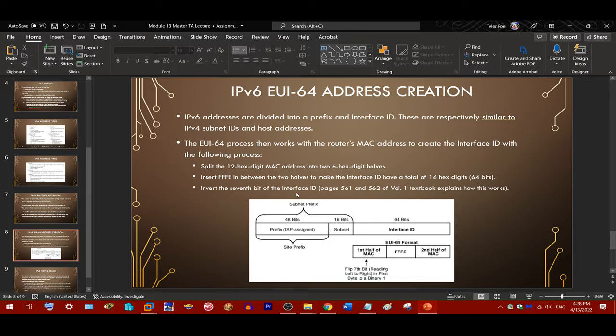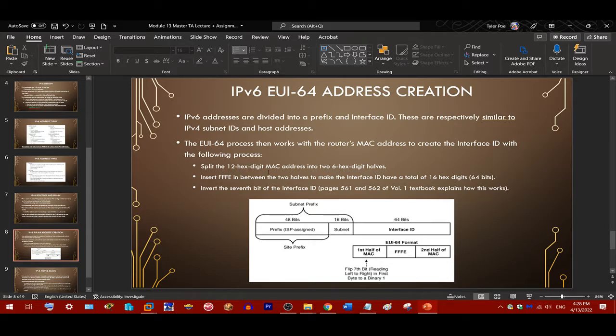Then the seventh bit of the interface ID is inverted. You don't really need to know this for your lab, but if you're interested in learning how it works, pages 561 and 562 of Volume 1 in your textbook explain how this process works. I've provided a table here.